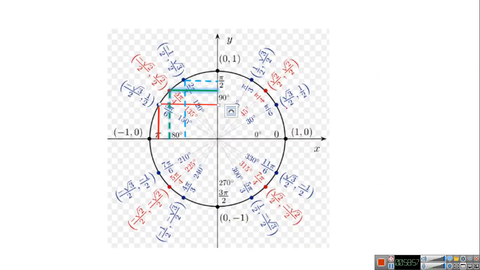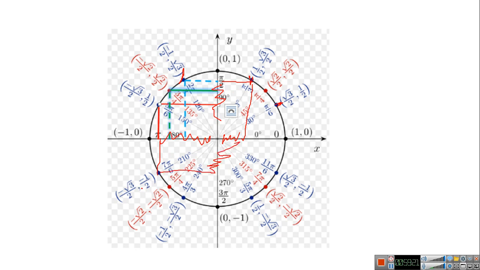Here, there is a diagram. It summarizes everything. As you can see, if it's a multiple of 30, the blue ones, it's either half or radical 3 over 2. For example, here, the cosine is the smallest one, positive, you put half. The sine is the biggest one. Here, if you take this point, the cosine is the biggest one, and the sine is the smallest one.